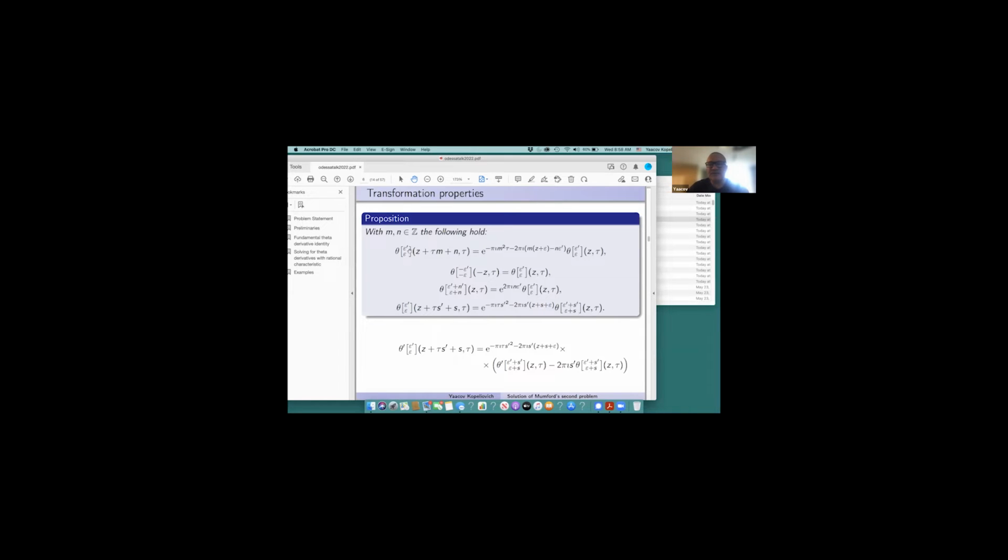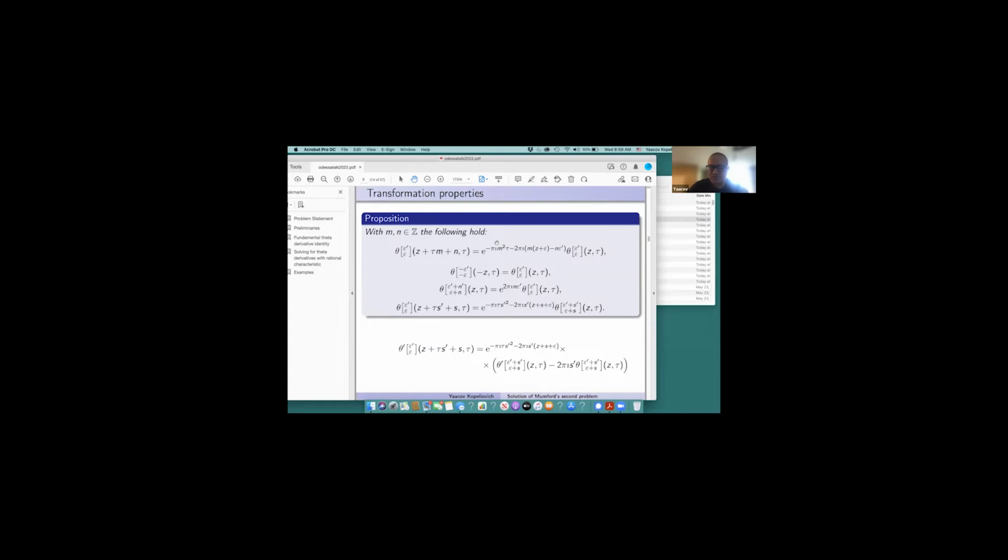And you know that theta half of z plus tau m plus n equals something times theta epsilon prime of z, tau. And then in the denominator, you also have this kind of expression, right? So you basically get the same functions with some factor.